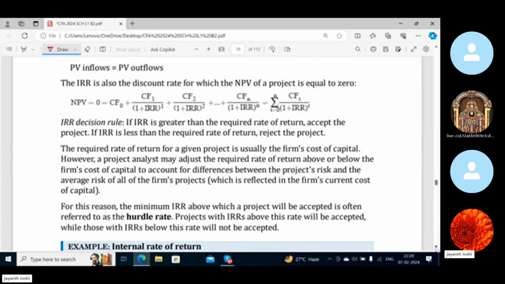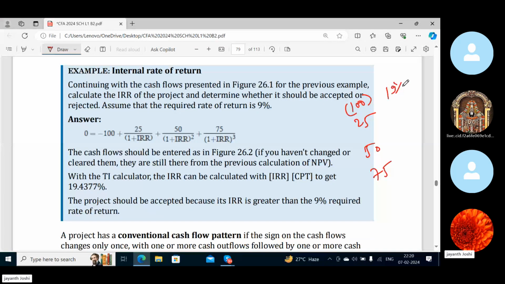Here there is a project whose cash flows are given: 25, 50, 75. And the investment is 100. Let's say my cost of capital is 19%. We'll try to discount all these cash flows at 19%. We'll multiply these values.